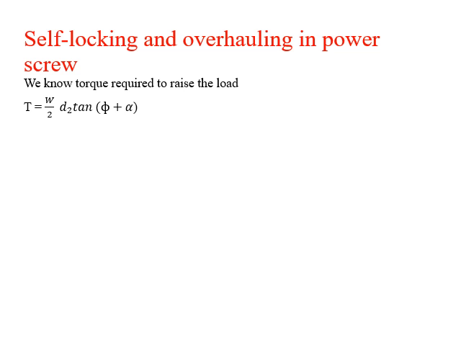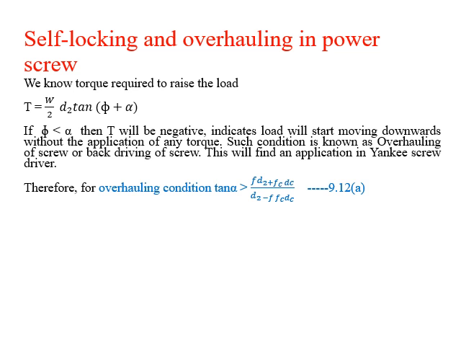We know that the torque required to raise the load is given by T is equal to W by 2 into d2 tan(φ + α). Suppose in this equation φ is less than the α angle, then T will be negative. It indicates that the load will start moving downwards without the application of any torque.